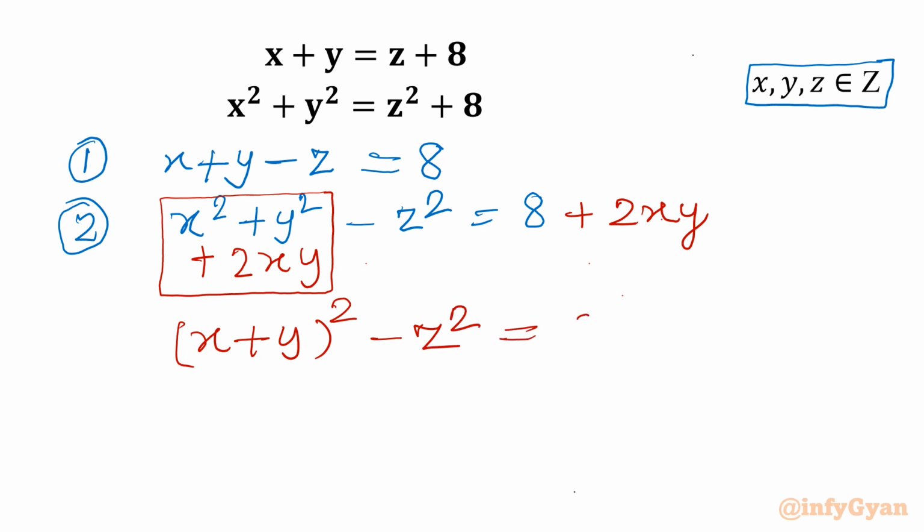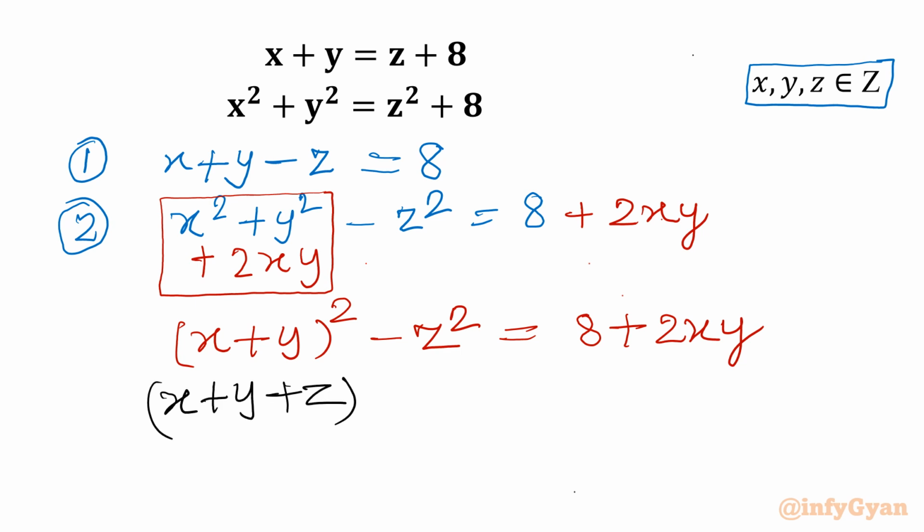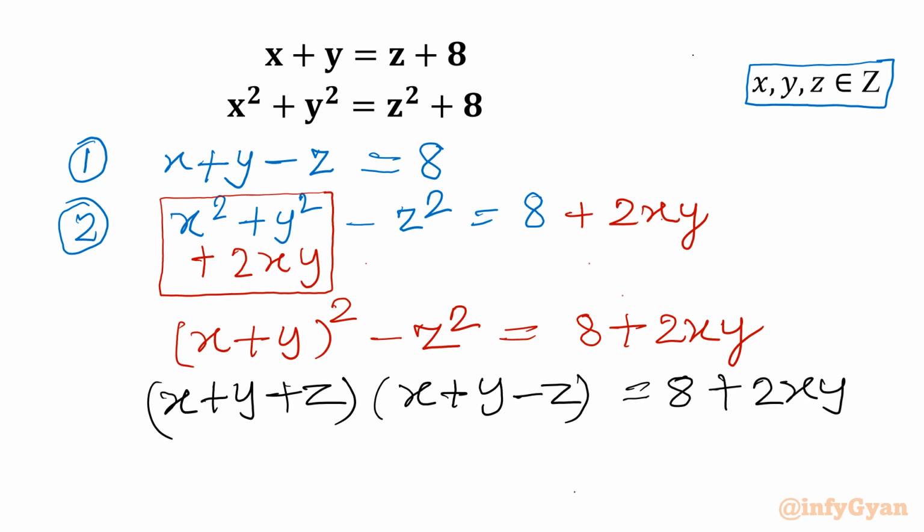This will become 8 plus 2 times xy. Now the difference of two squares formula is on. So I will add both the brackets, x plus y plus z. In the second bracket, I will write x plus y minus z. And the right hand side is 8 plus 2 times xy.